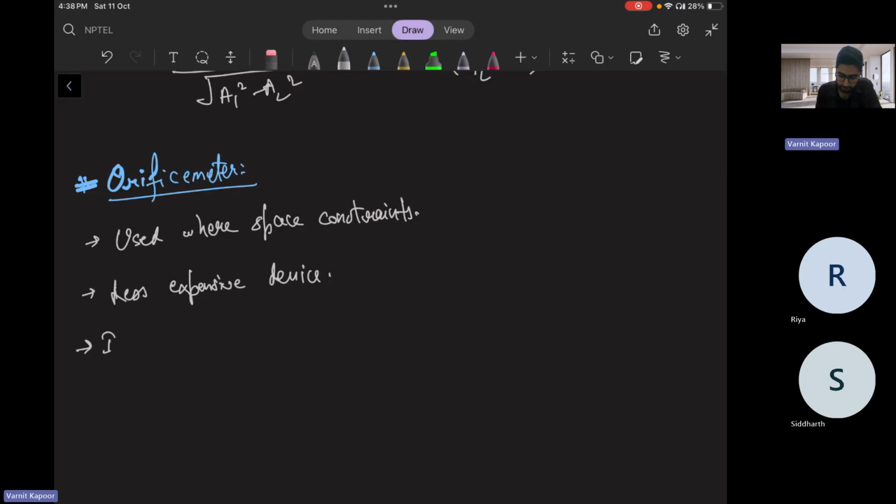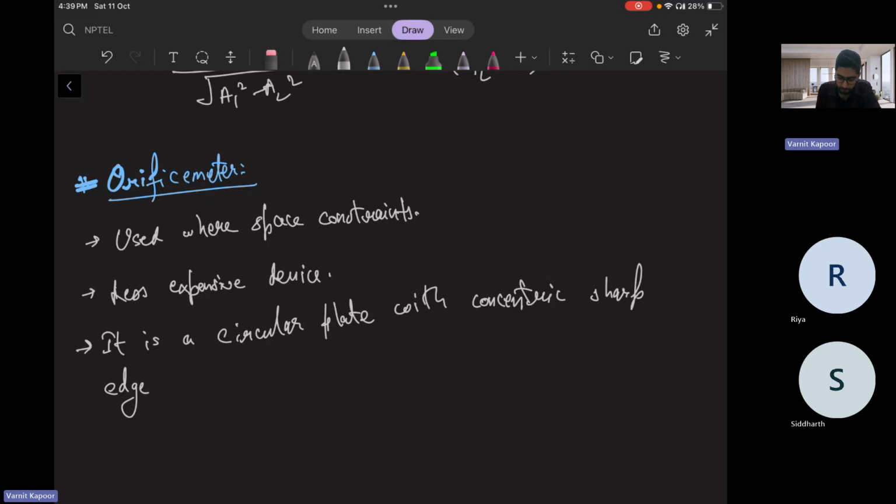It is a circular plate with a concentric sharp edge hole at the center. I hope I'm audible, right? Let's see. Yeah.